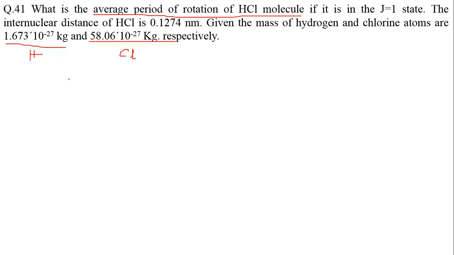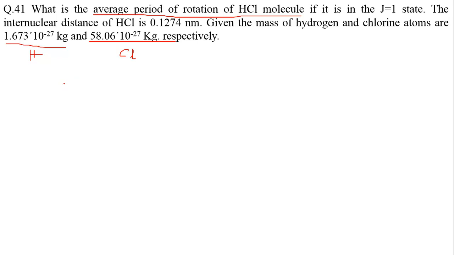We know the rotational energy can also be represented like the kinetic energy. Kinetic energy equals half m v square, so the rotational kinetic energy can also be given as half I omega square. From that we can calculate the value of omega.